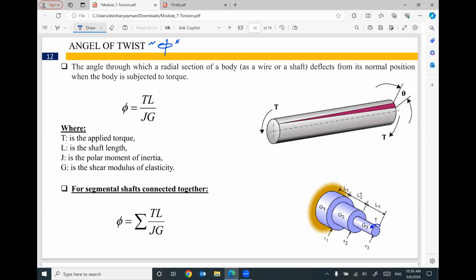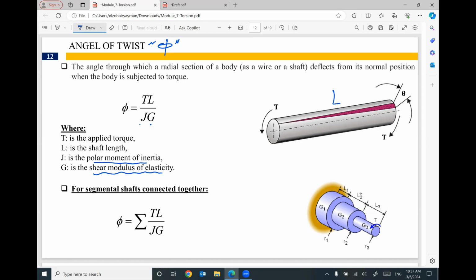How to figure out this angle of twist? It equals the applied torque T times the length of the member, capital L, divided by J, the polar moment of inertia, times G, the shear modulus of elasticity. Shear modulus of elasticity is a material property, and we covered it in the mechanical properties of materials in the previous videos.